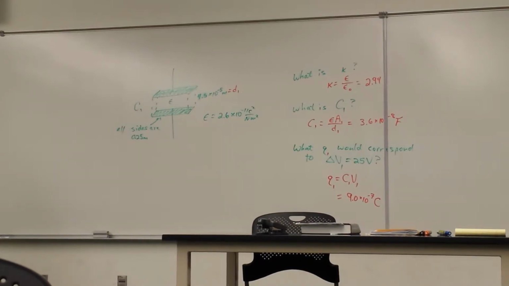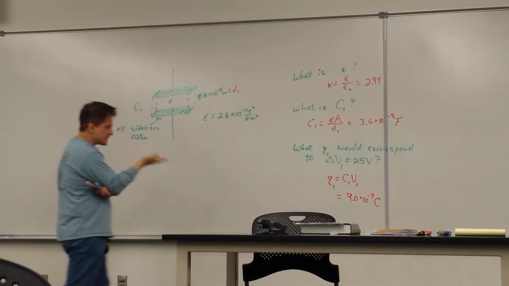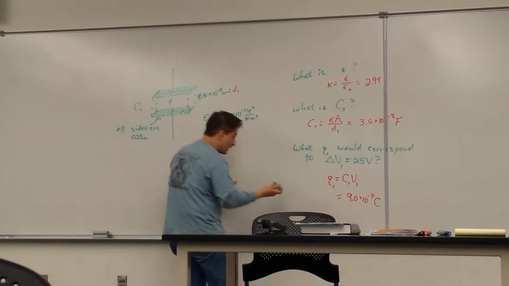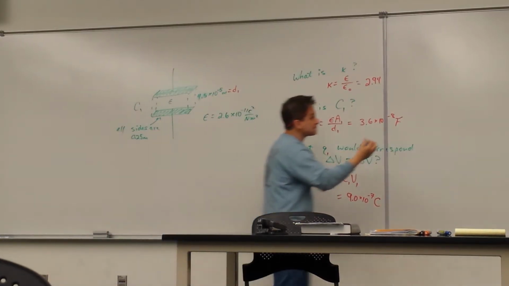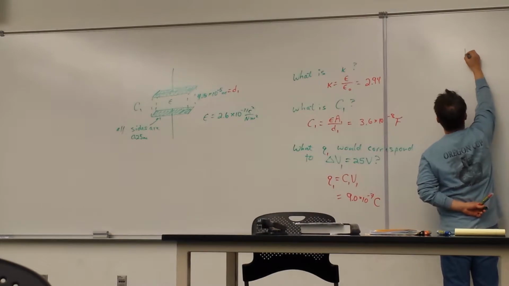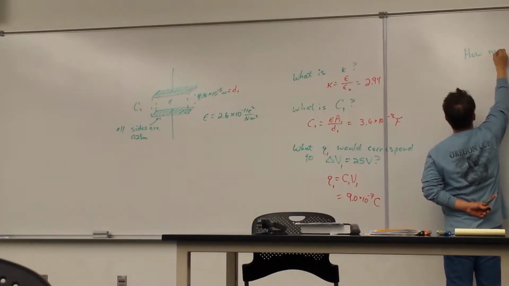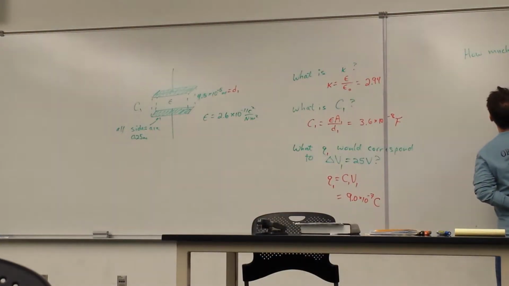Okay, so I got a lot of things I want to do with this, but just keep asking some basic questions here, because there's a lot of little subtle things that relate to this. This is the easy part, right? So, how much energy is stored?